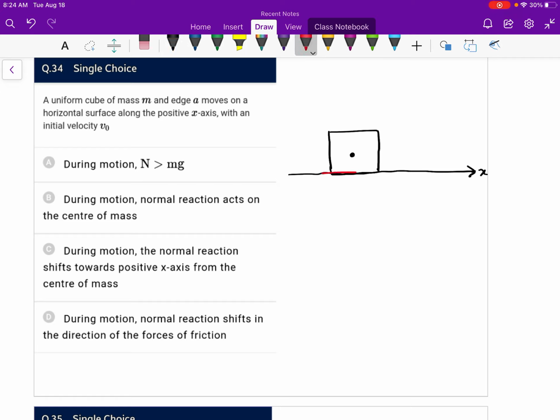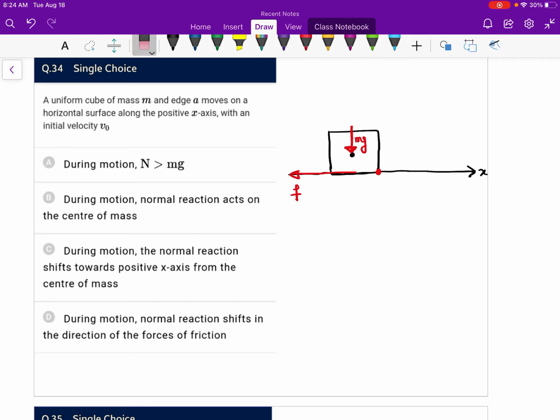Friction will oppose the motion, so friction will act in this direction, and mg acts at the center of gravity. Now this friction is generating torque about the center of mass in the clockwise sense.